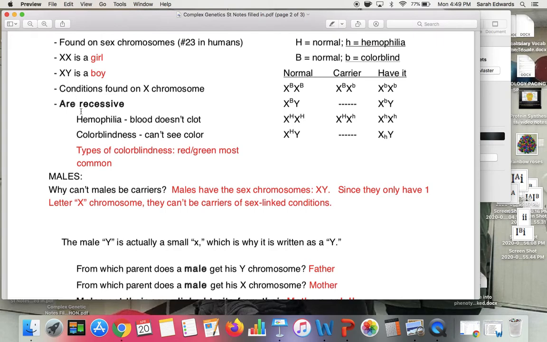The sex-linked chromosomes are on the X chromosome, not the Y. So males cannot be a carrier of a sex-linked trait because you only get one X. Whatever that X says for your sex-linked traits, that's what you get. Whatever the X says, that's what you get.